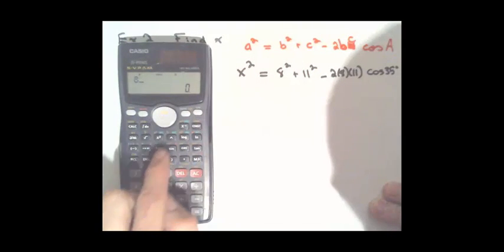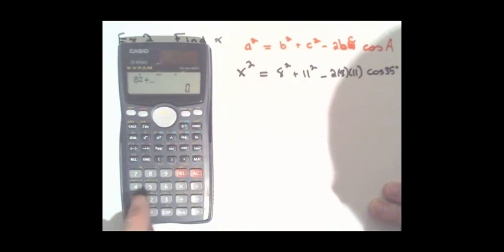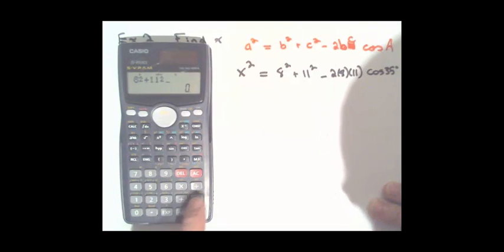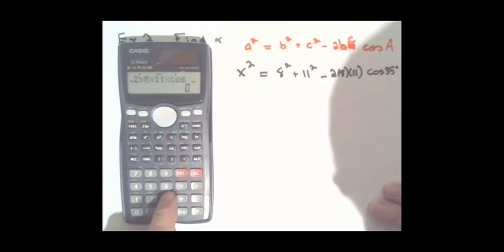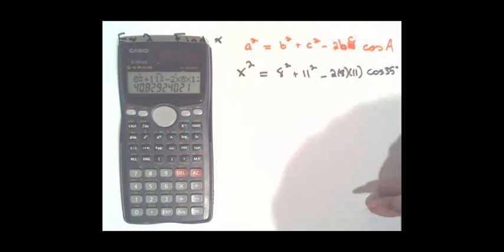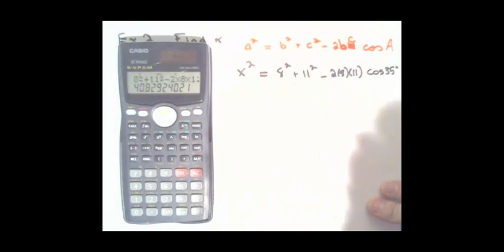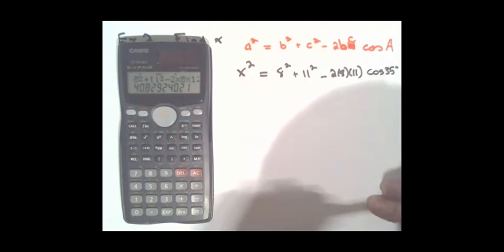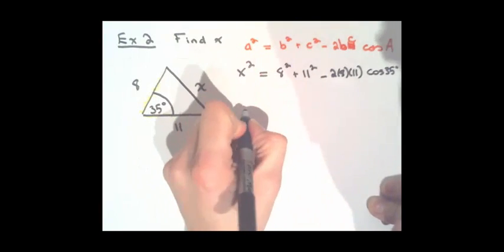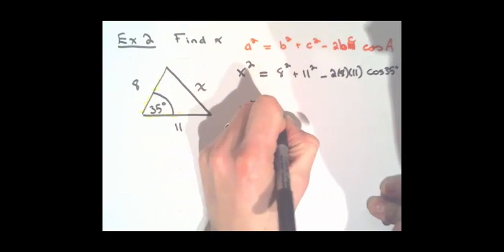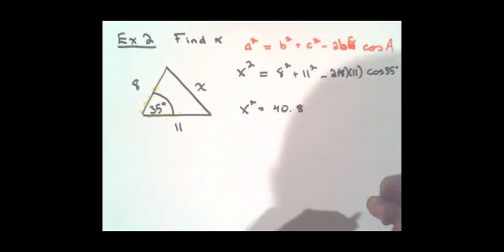So here we go again. 8 squared plus 11 squared minus 2 times 8 times 11 times cos 35, and you end up getting 40.8 if we round to one decimal. Okay, so x squared equals 40.8.